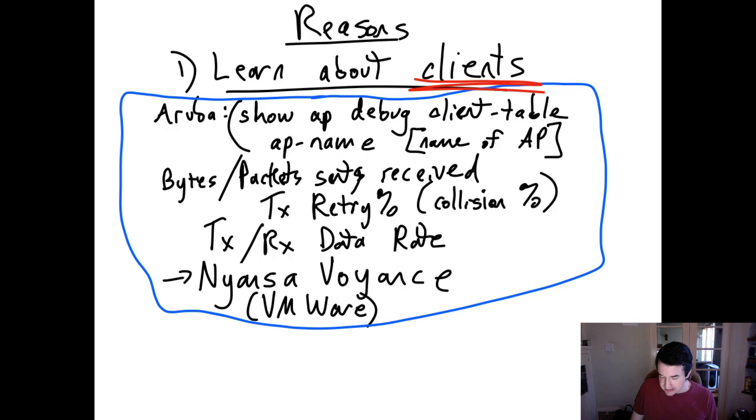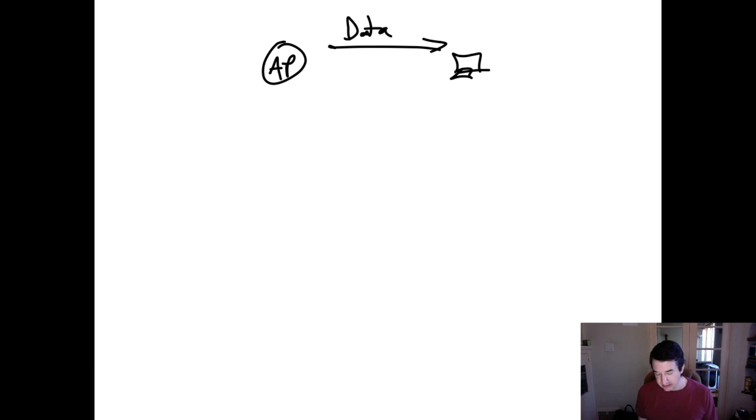My operating theory at the time was that it was an issue with the clients trying to do a no ACK policy, and the access point, for some reason, not abiding by that policy and still expecting the clients to acknowledge data. If I diagram that out real quickly, I have an access point here and a laptop here, and the access point sends some data to the client and expects an acknowledgement to come back from the client.